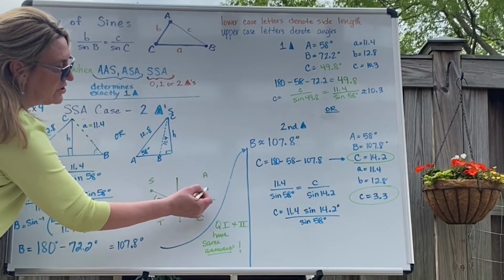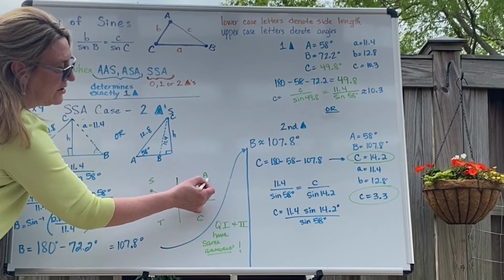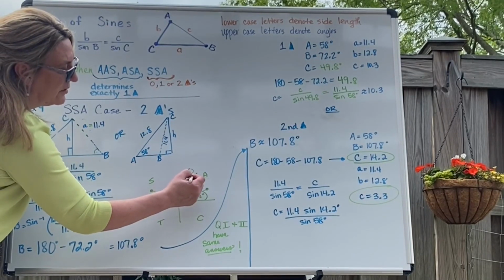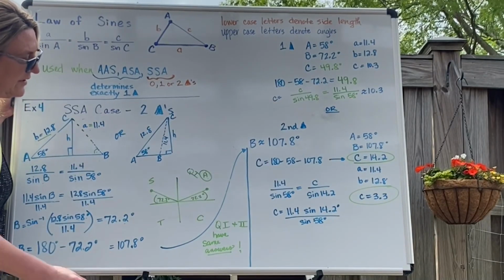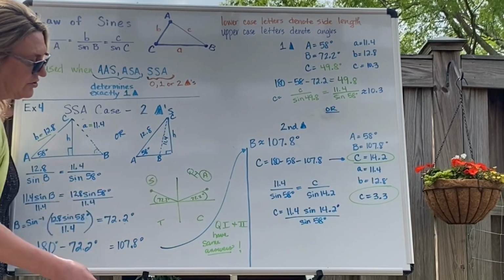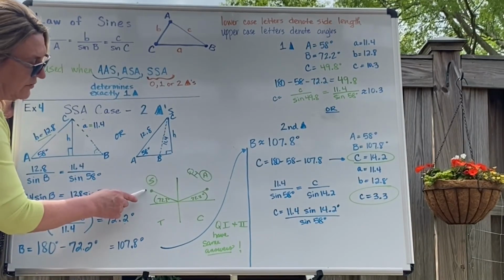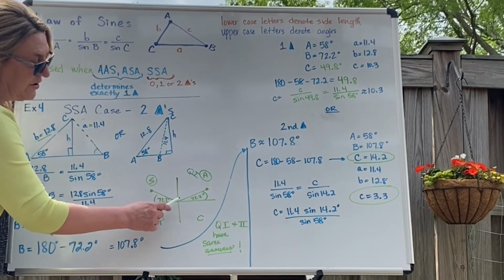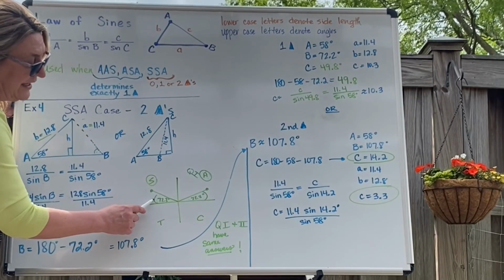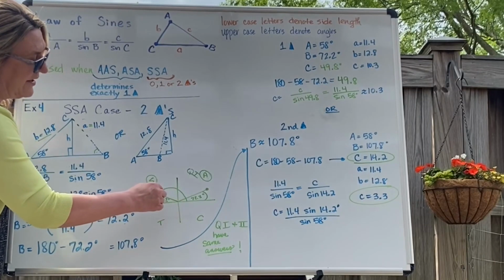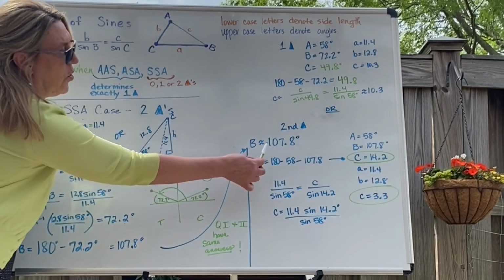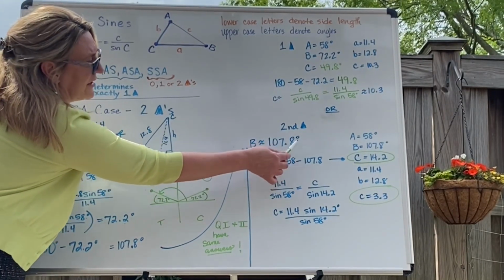Now here's the dilemma. 72.2 degrees is acute, and it's in quadrant 1, where all of our 6 trig functions are positive. But sine is also positive in quadrant 2. So if I put this 72.2 degrees as the reference angle in quadrant 2, I'll notice that the angle created there is 107.8 degrees.